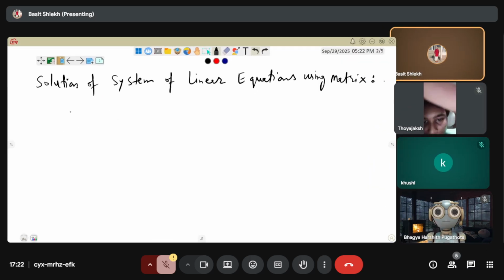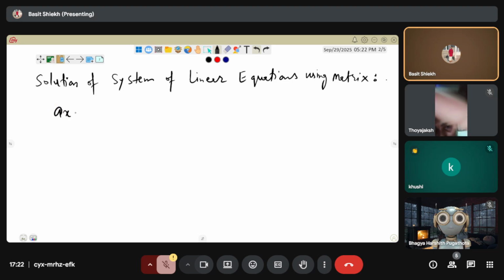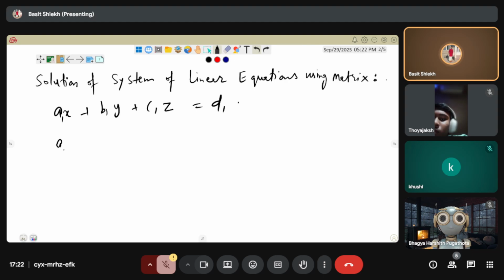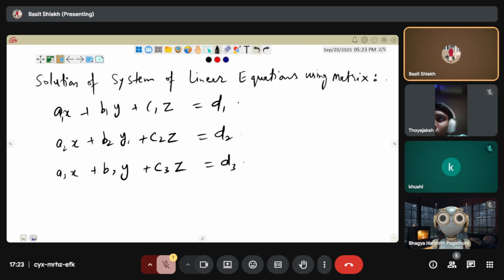Let's consider three linear equations in three variables: a1x plus b1y plus c1z equals d1, a2x plus b2y plus c2z equals d2, and a3x plus b3y plus c3z equals d3. Our variables are x, y, and z, and a1, b1, c1, d1 are constants, or we can say a1 is the coefficient of x, b1 the coefficient of y, and c1 the coefficient of z in the first linear equation, and d1 is the constant term.